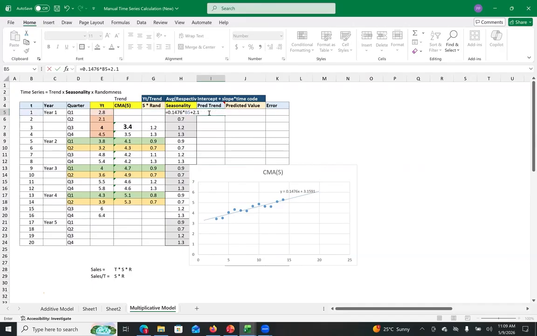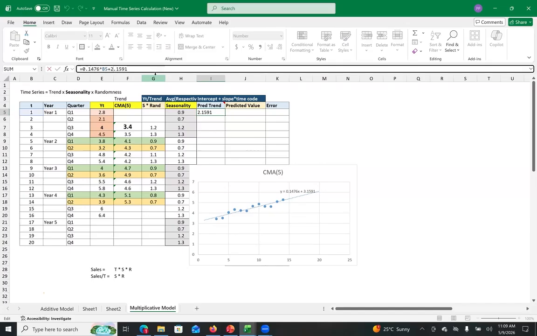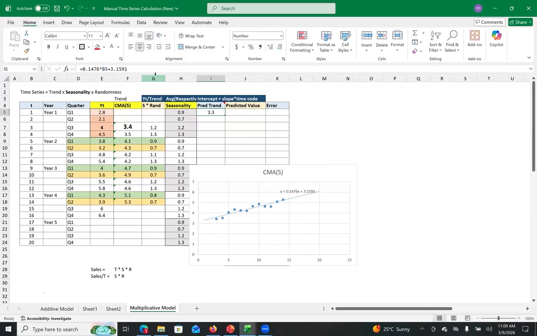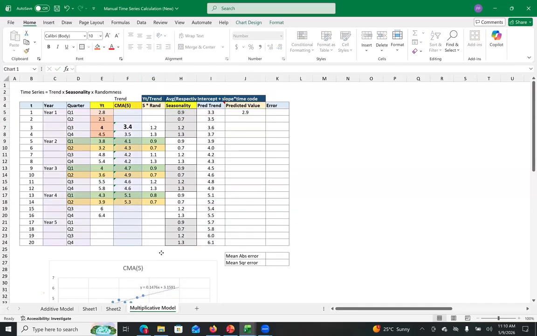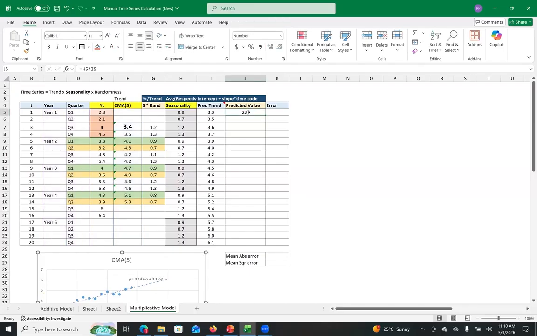The predicted value is going to be nothing but the seasonality component multiplied by the trend component. That is going to be my predicted value.